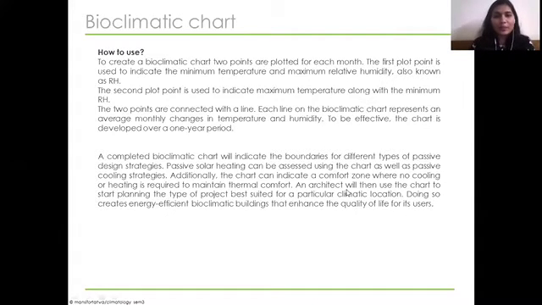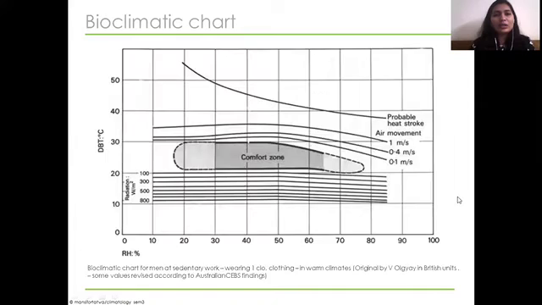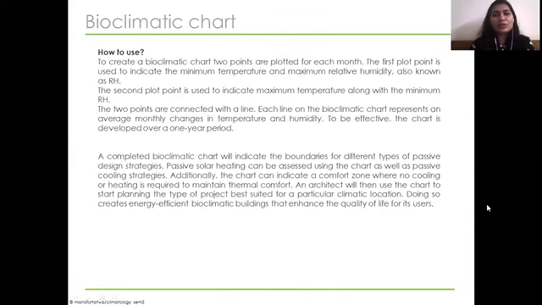And the architect will use the chart to start planning the type of project best suited for a particular climate or climatic location. Doing so creates energy efficient bioclimatic buildings that enhance the quality of life for its users. Okay. This is a probable answer for your question on describing the bioclimatic chart and its use.